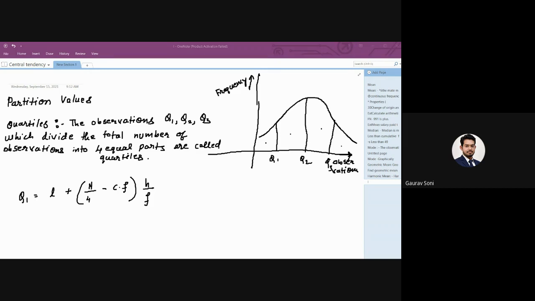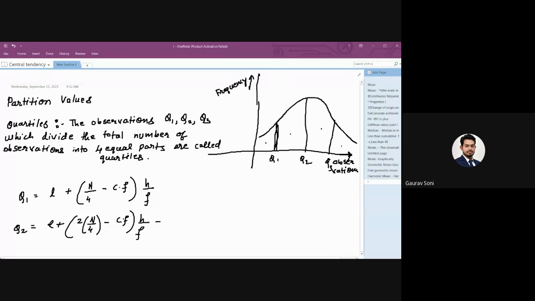So now, if I want the second quartile, this is the 1 by 4th part. So 2 times 1 by 4 will be 1 by 2. So L plus (2 times n by 4 minus CF) into H by F.